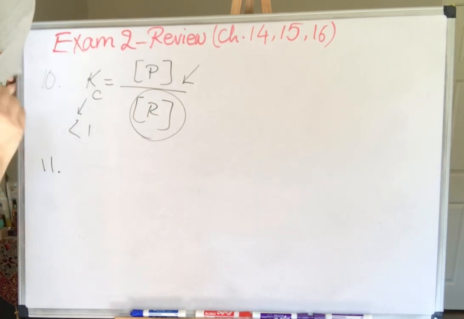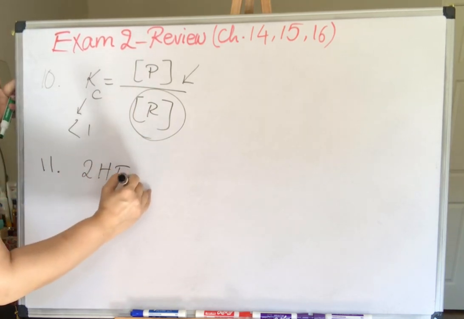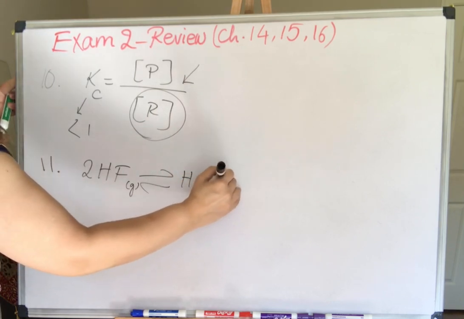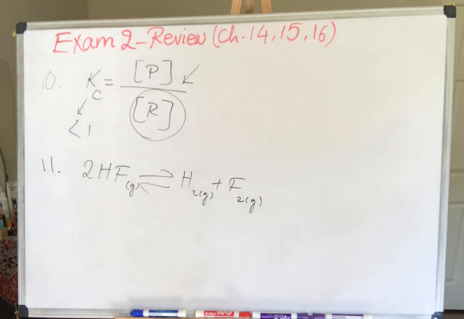For 11, you are working with Q, right? You are given 2HF and then H2 plus F2, correct?